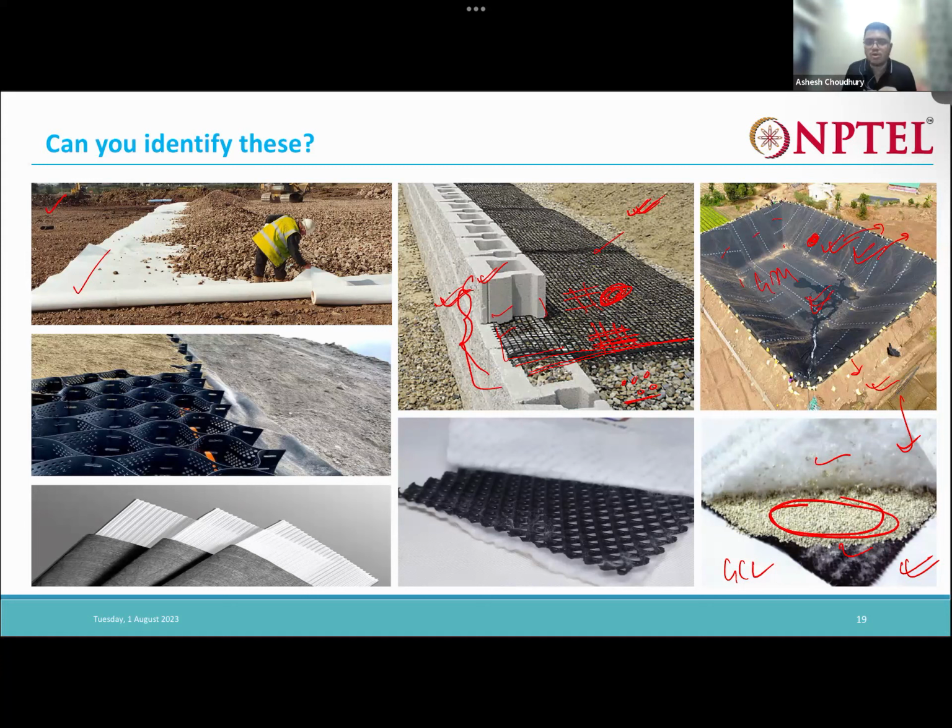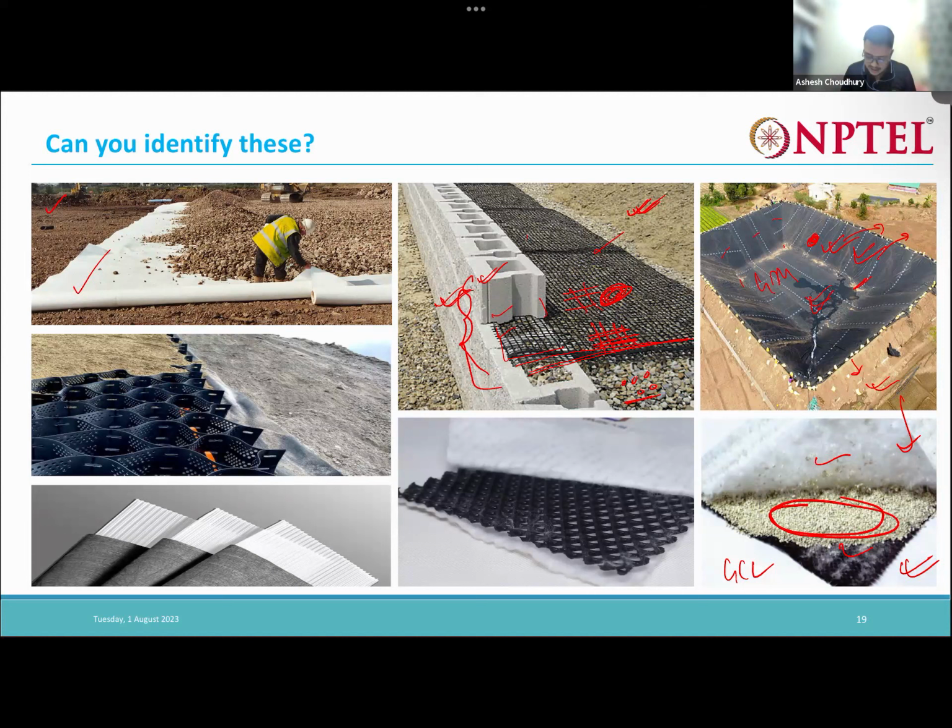This does not allow the harmful gases and chemicals released from the industrial waste or the landfill waste, the household MSW, municipal solid waste, that are dumped in the landfills. It helps to contain the harmful substances within.